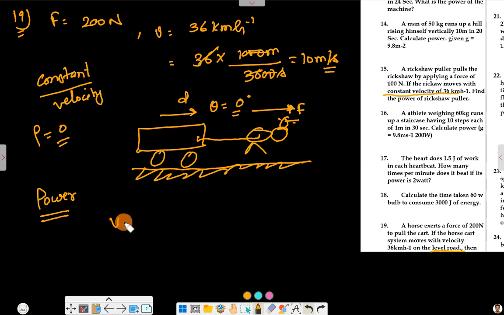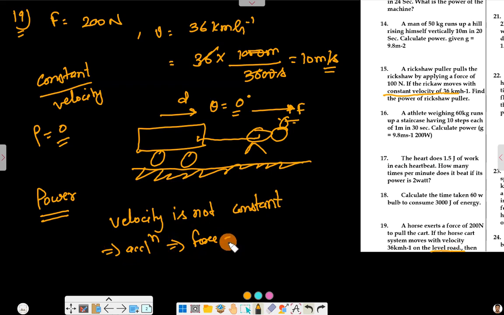Because here velocity is not constant. So if velocity is not constant, we have acceleration. If we have acceleration, we have force. If we have force, then we have work, and if we have work, we have power. Now some of you may also ask that in the previous question it was given that it has a force of 100 Newton. It was mentioned that force is 100 Newton and then constant velocity is given.